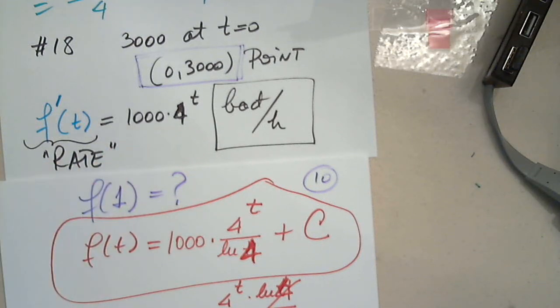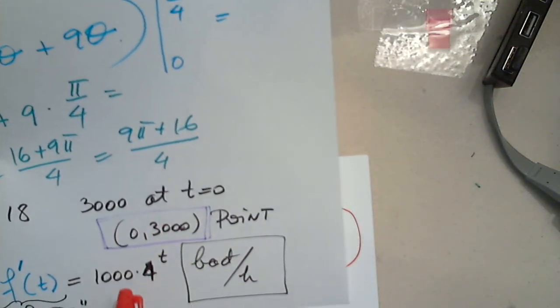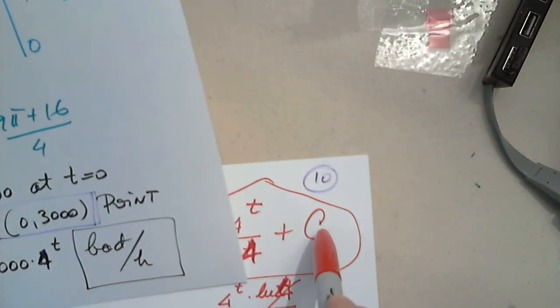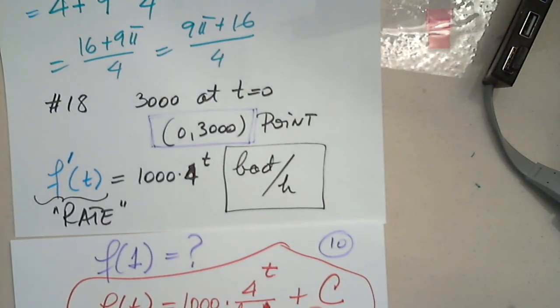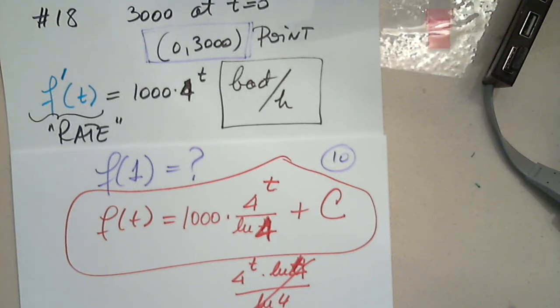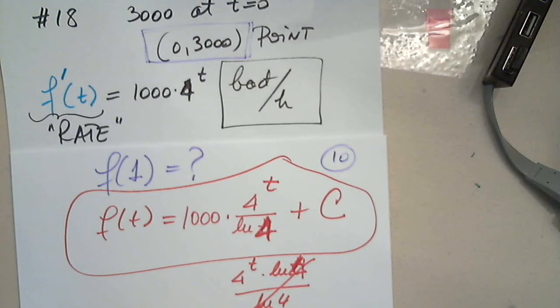Now, why is this information given to us? Because we need to find C, right? Exactly. So when I plug in 0 for t, the answer is 3,000. So 4 to 0 is 1, so this side is 1,000 divided by natural log 4 plus a constant c equals 3,000.